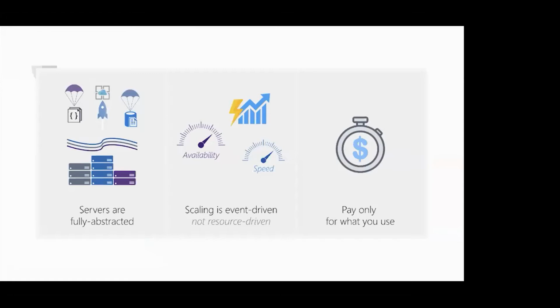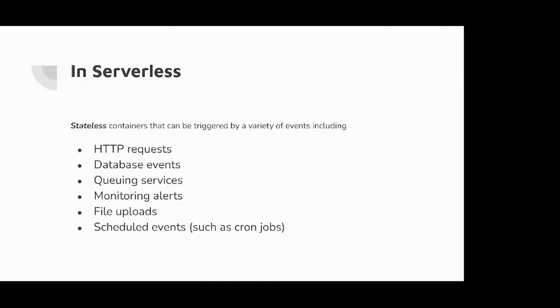And also, since it's event driven, the service will only trigger, spin up, when there's an event coming its way. So what are the events that can trigger servers? An HTTP request, a REST API request can trigger a service. Database events.